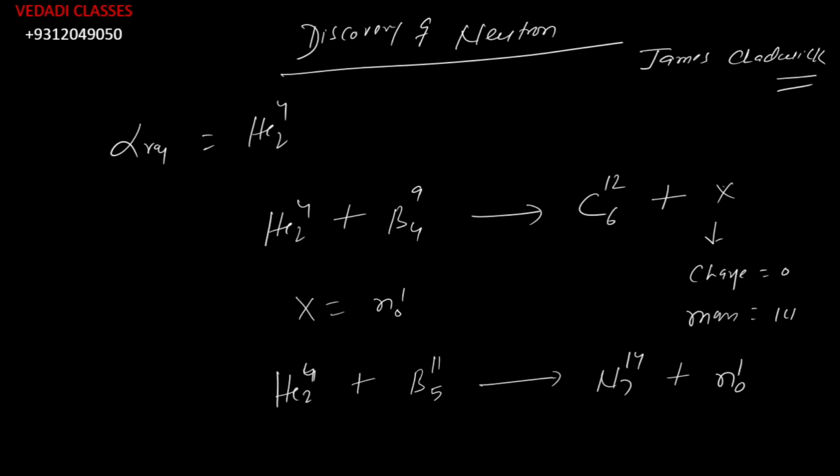So basically electron was discovered by J.J. Thomson, proton was given by Goldstein, and neutron was given by James Chadwick. As for the charges, electron is negatively charged, proton is positively charged, neutron has no charge. As for the masses, electron has 9.11 into 10 power minus 31 kilogram, and proton has 1.67 into 10 power minus 27 kilogram.